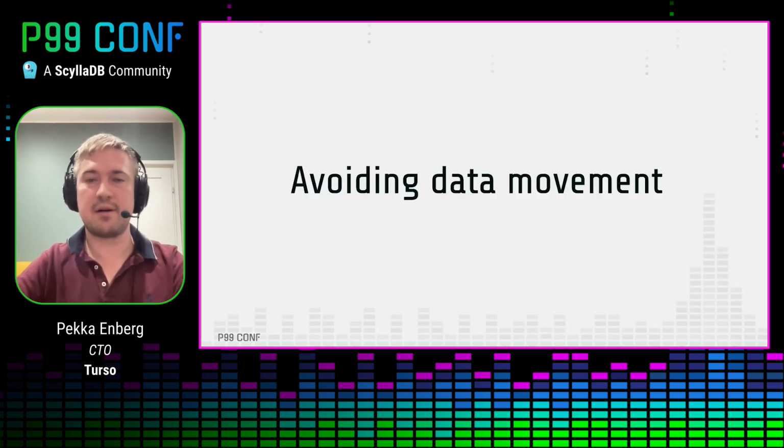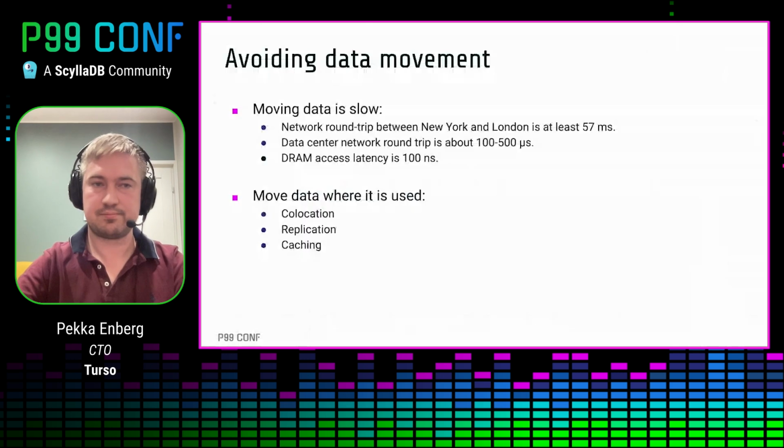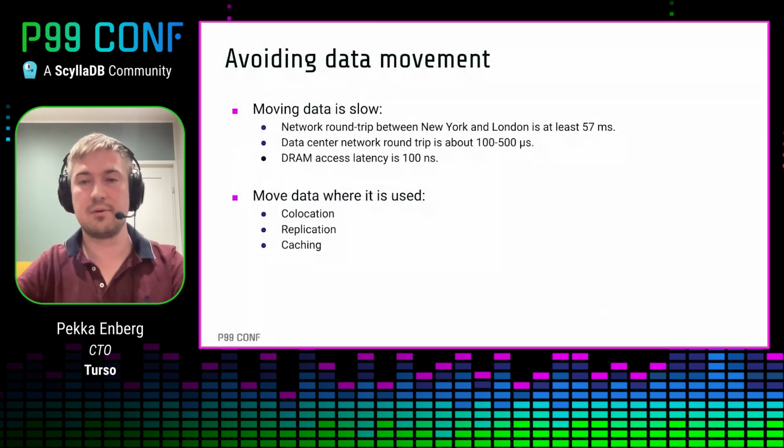Starting with avoiding data movement: moving data is slow. Just a few examples: a network round trip from New York to London is at least 57 milliseconds. This is actually, I think, top of the line, where you get dedicated connectivity. The reality is that once you start moving data around the public internet, it's going to be double-digit or three-digit milliseconds just for one round trip.